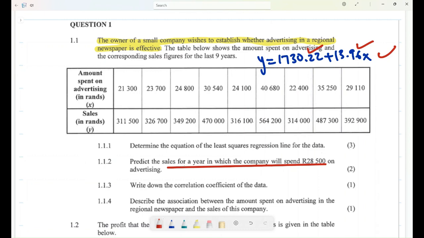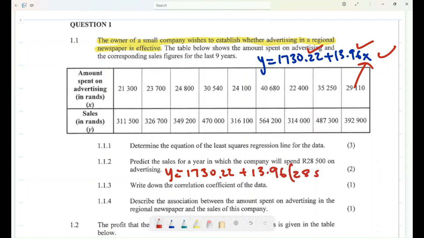The amount spent is the value of X, so on the value of X you input this value, then you get the predicted sales for that particular year. So you say Y is equal to 1730.22 plus 13.96 times, you substitute this one, 28,500.